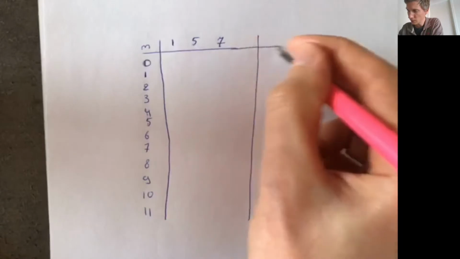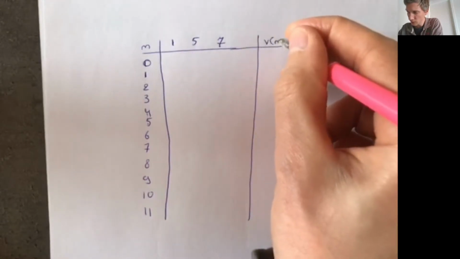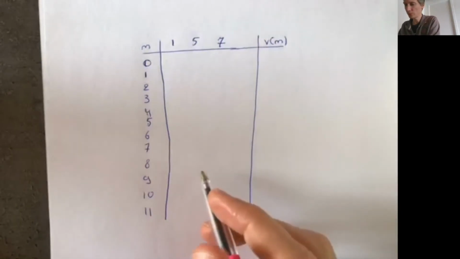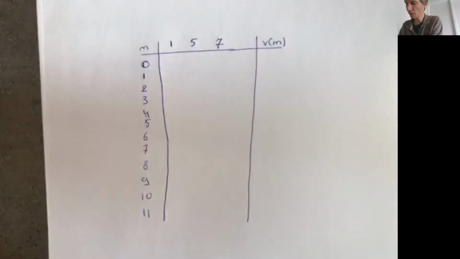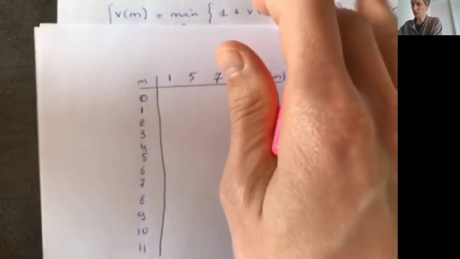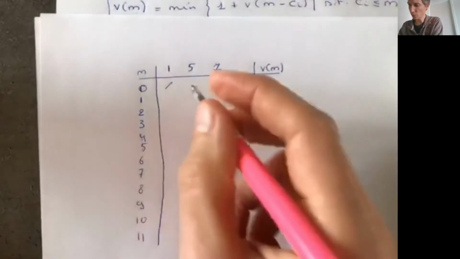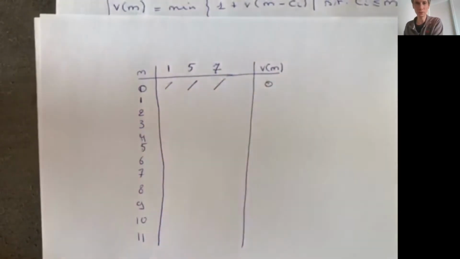And let me, here at the last row, write the optimal number of coins that I need to use to repay the amount m. So if m is equal to 0, then I'm at my base case. So V0 is equal to 0. It's impossible to use a 1 coin, a 5 coin, or a 7 coin here.